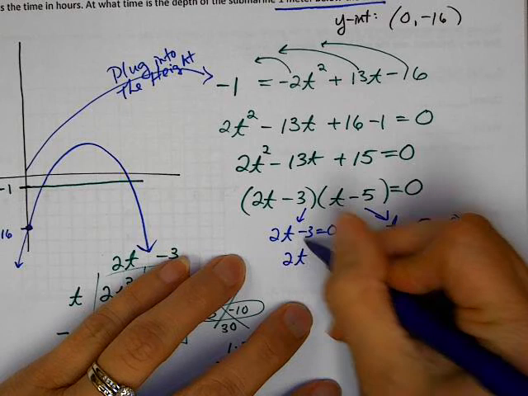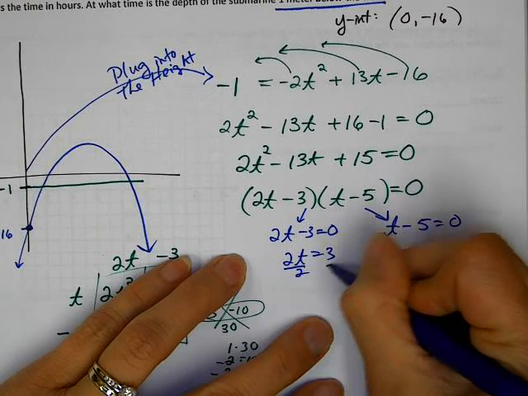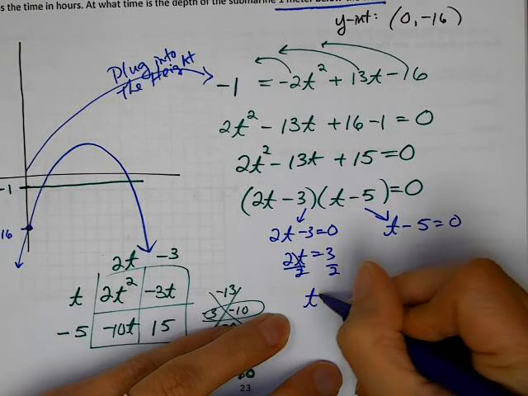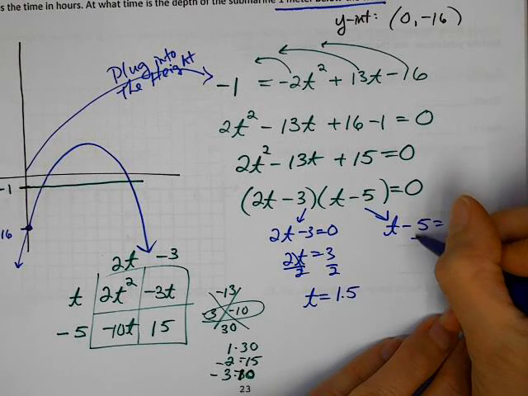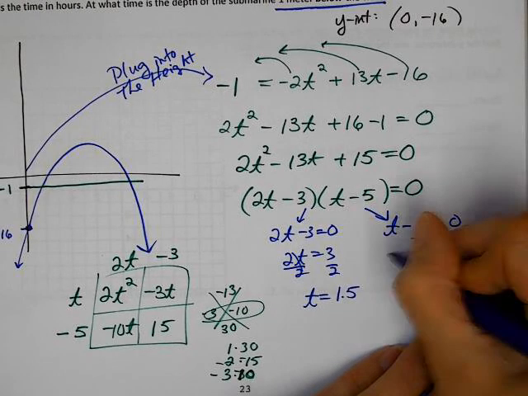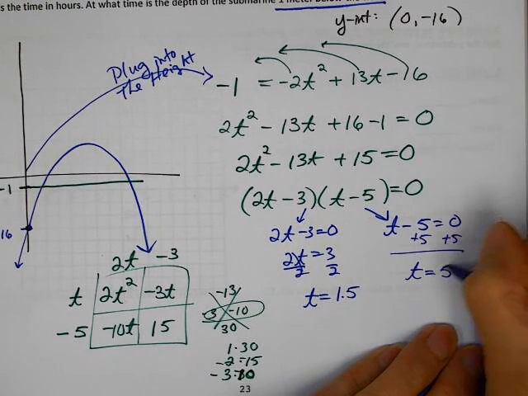Here, if I add 3 and divide by 2, t is 1.5. Here, add 5, t equals 5.